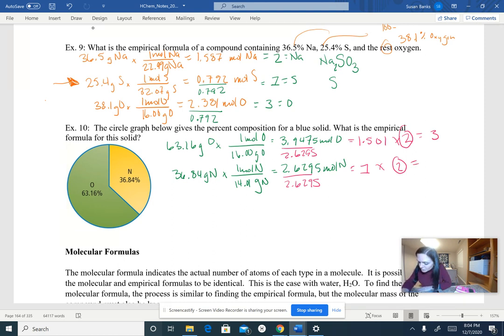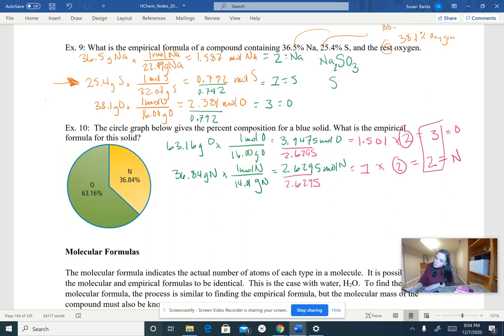So 1 times 2 is 2. So this is my simplest whole number ratio. That means I have 3 oxygens and I have 2 nitrogens. So I am going to write the least electronegative element first, which is nitrogen. So 2 nitrogens and 3 oxygens.